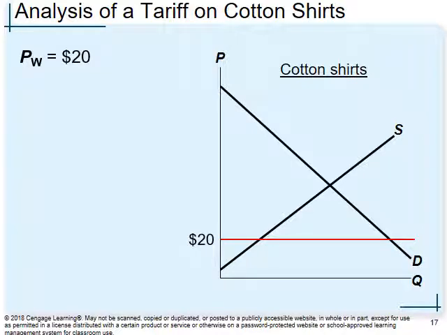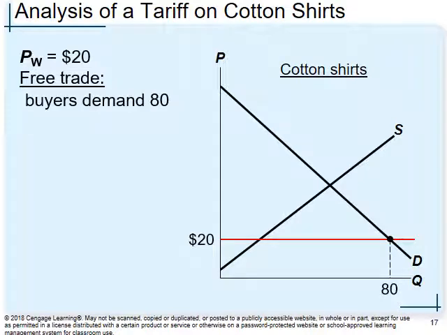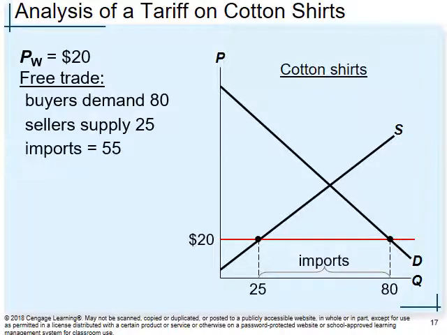The world price is $20, and buyers demand 80 units of shirts under free trade. Sellers supply 25 shirts and another 55 units are imported from abroad.